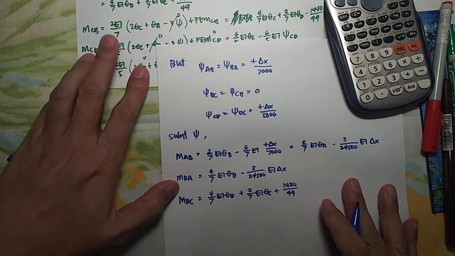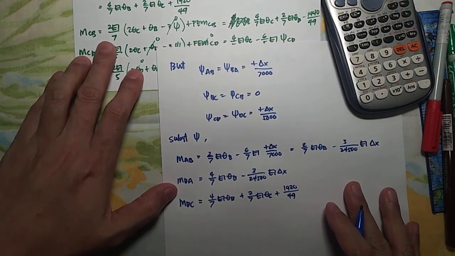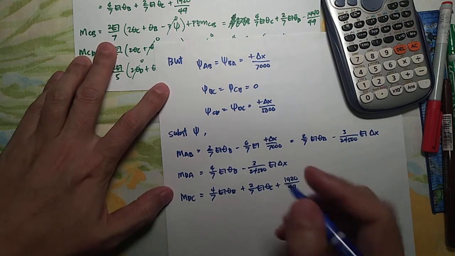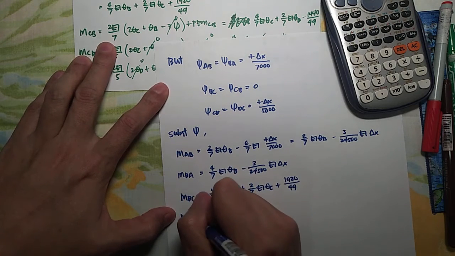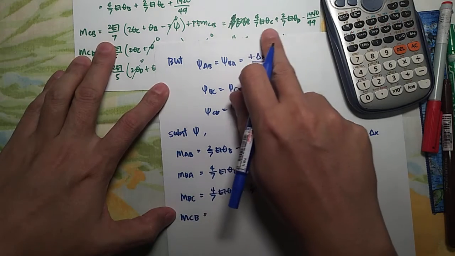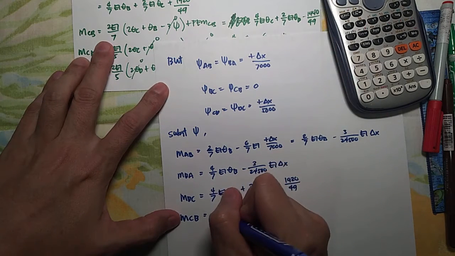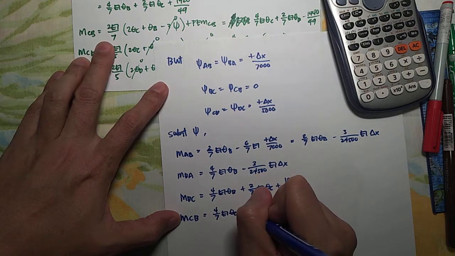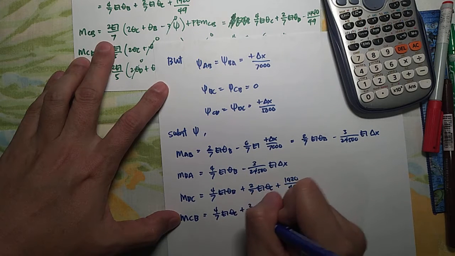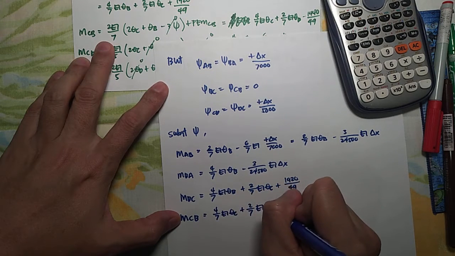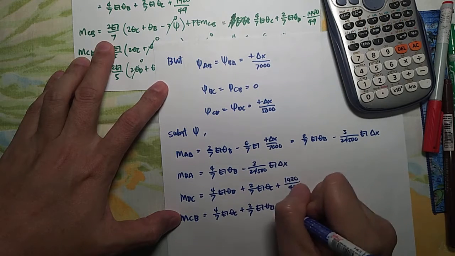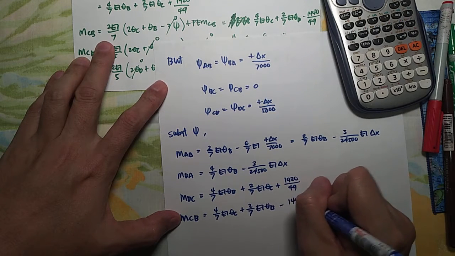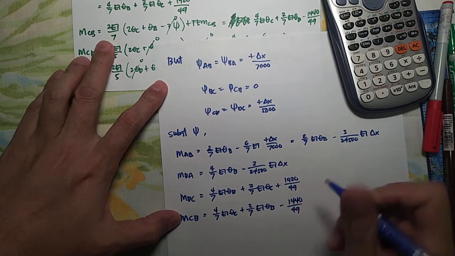Then for CB, this one, so I'll just copy the same. 4 over 7 EI theta C plus 2 over 7 EI theta B, then minus 1440 over 49.